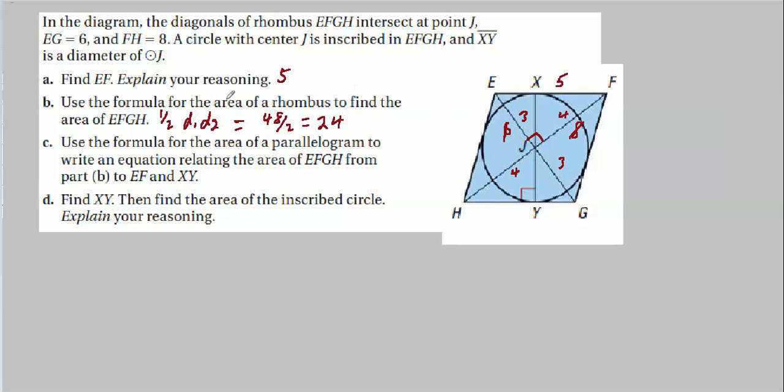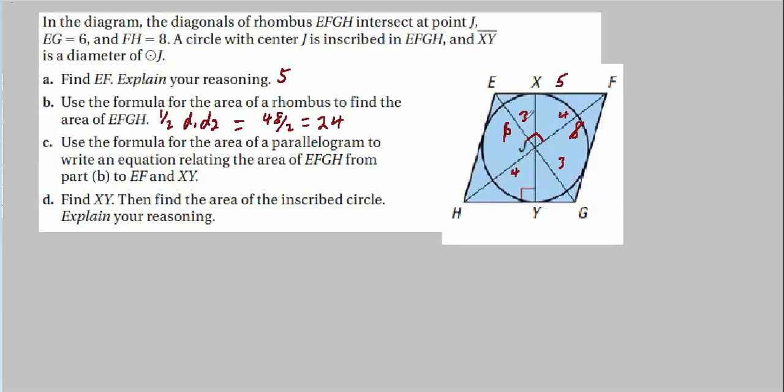Now what else? Down here, they ask us to use the formula for the area of a parallelogram, which is a little bit different. For a rhombus, we can use diagonals. On the other hand, since it's a parallelogram, we can use that formula also. This xy here is perpendicular to this side, because these are tangent and this is a diameter.